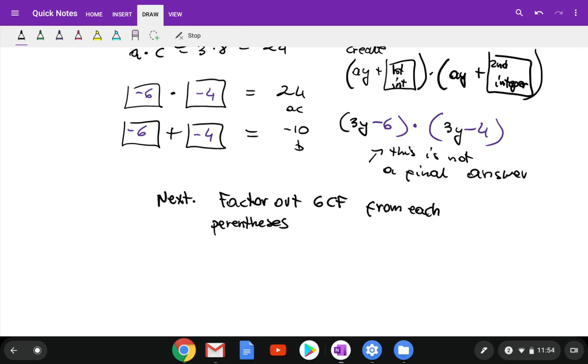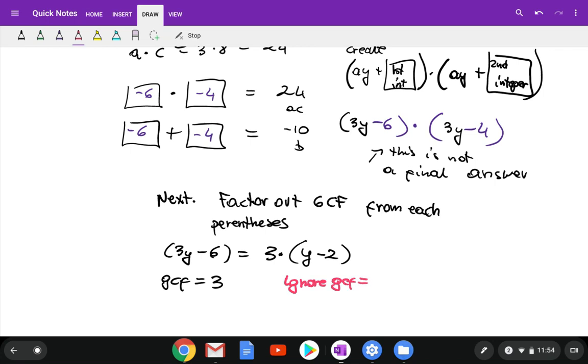So take that 3y minus 6, GCF here is equal to 3. So we're going to factor 3 out. 3y divided by 3 will give you y. Negative 6 divided by 3 will give you 2. And ignore GCF equal 3.